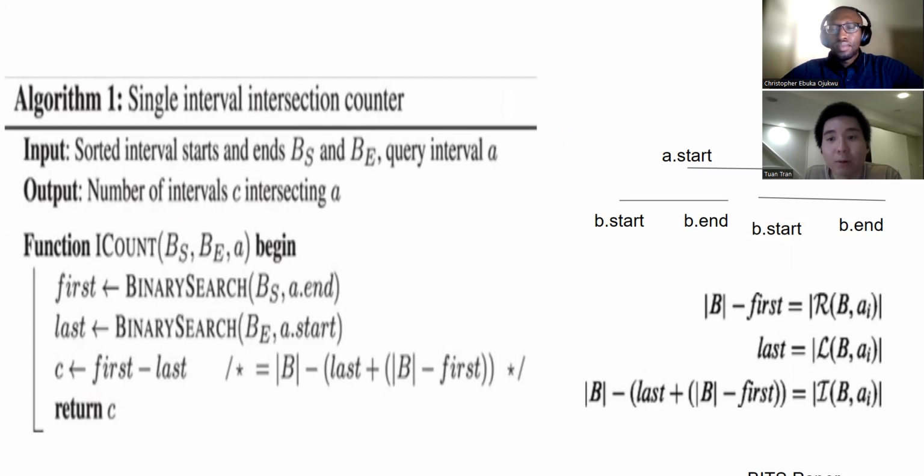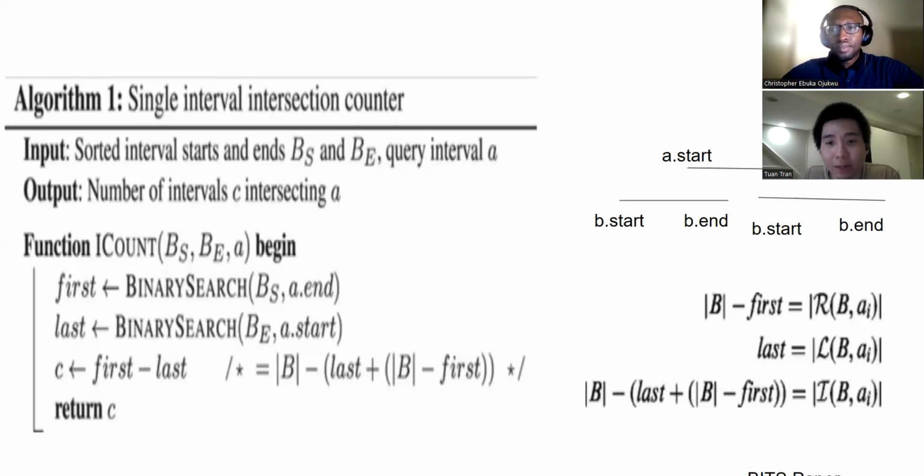Next, two binary searches are performed, because BE is a sorted list of each interval's end coordinate in database B. The elements with indices less than or equal to the last in BE correspond to the set of intervals in database B that end before A_i starts, aka completely to the left of A_i.